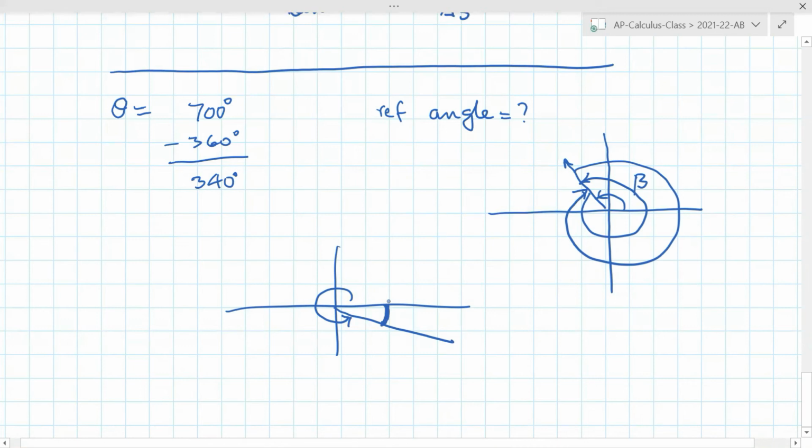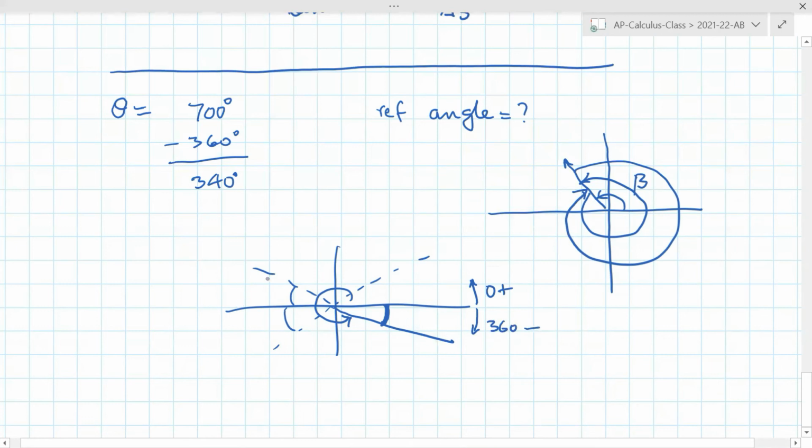Since I need to know the acute angle with the x-axis, it will always be either here, or here, or this, or that. So either we are talking about 0 plus something, or 360 minus this to get that.